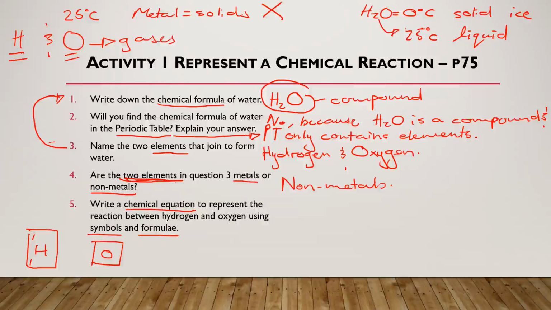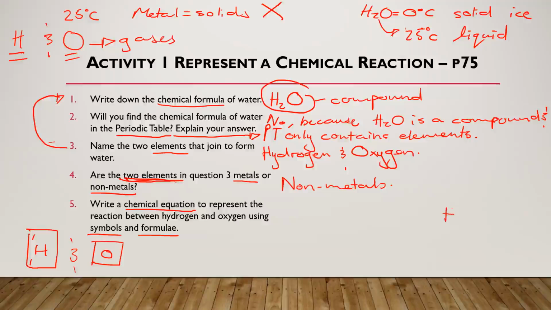I'm not sure about oxygen, but basically that's what hydrogen looks like. So when it says write the chemical equation to represent the reaction between hydrogen and oxygen using symbols and formula, you're going to use these together and write your little equation for the reaction of water.